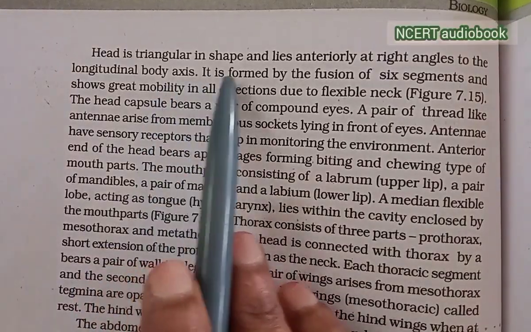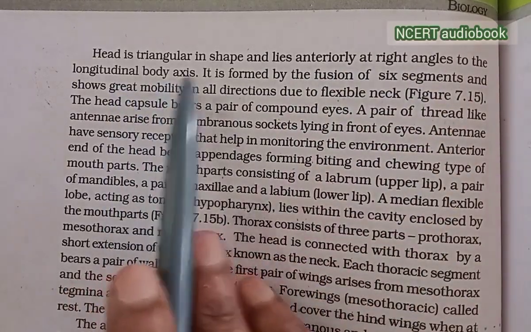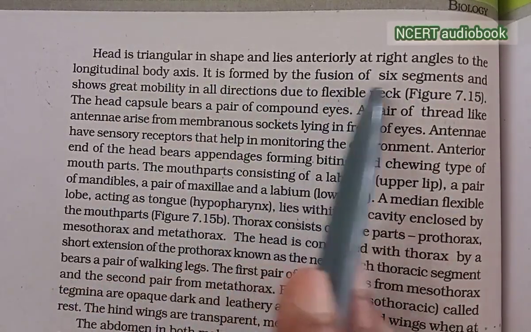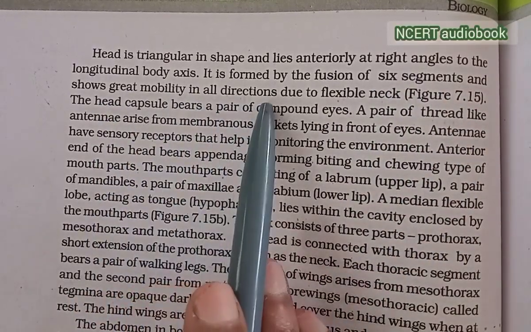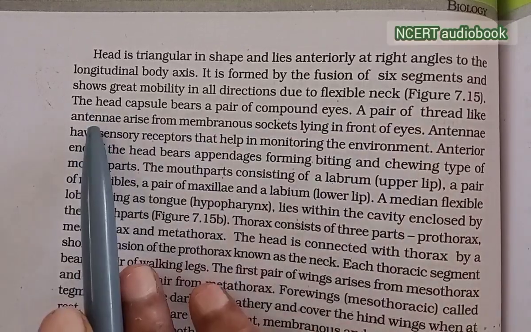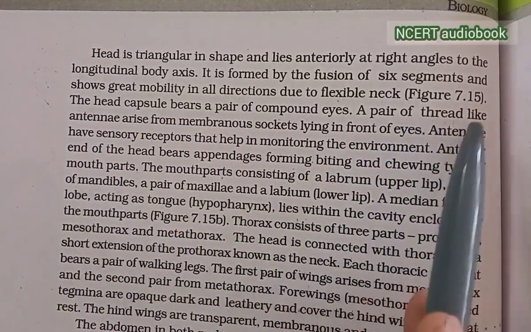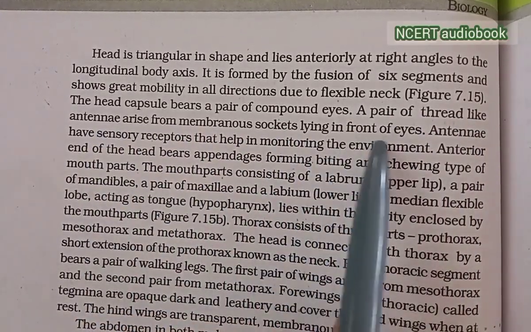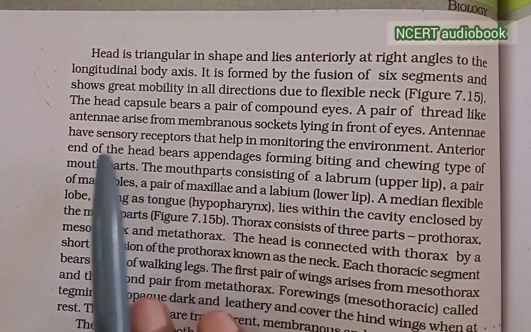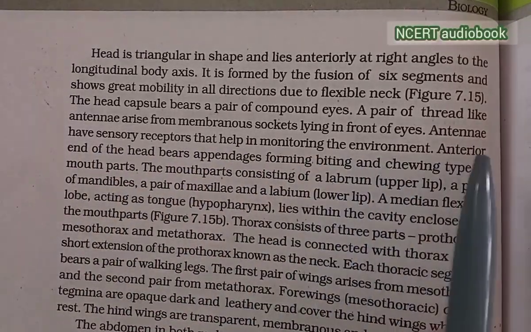The head is triangular in shape and lies anteriorly at right angles to the longitudinal body axis. It is formed by the fusion of six segments and shows great mobility in all directions due to the flexible neck. The head capsule bears a pair of compound eyes. A pair of thread-like antennae arises from a membranous socket in front of the eyes. Antennae have sensory receptors that help in monitoring the environment.